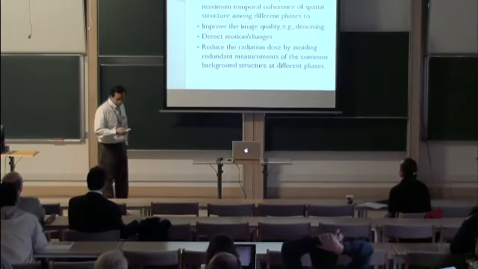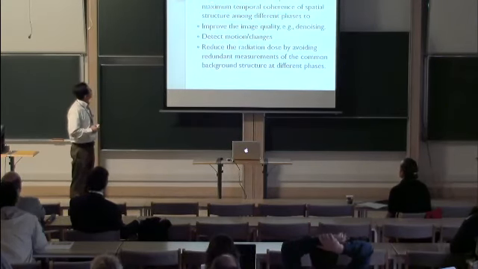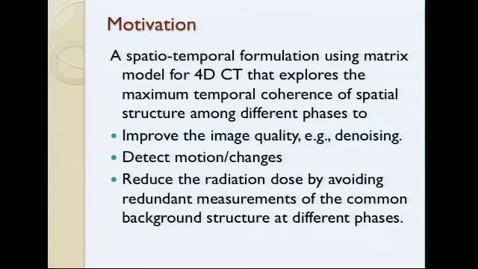Okay, so our motivation is the following. We want to develop a model for spatial and temporal formulation using a matrix model, so that we explore maximum temporal coherence of spatial structure among different phases. The reason is that when you take this 4D CT, you're taking pictures of about the same body in about the same area.